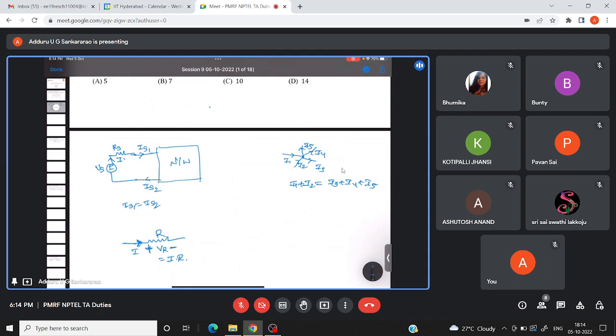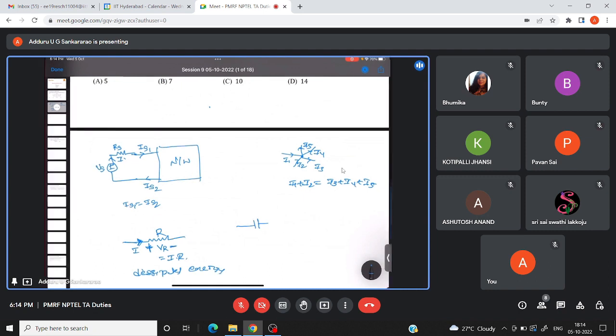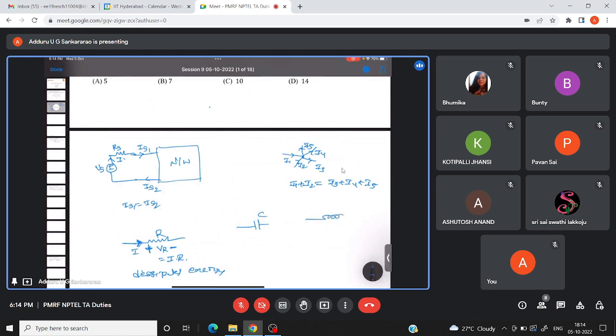Resistors always dissipate energy. If you take capacitors or inductors, based on the situation, they may absorb energy or deliver energy, right?